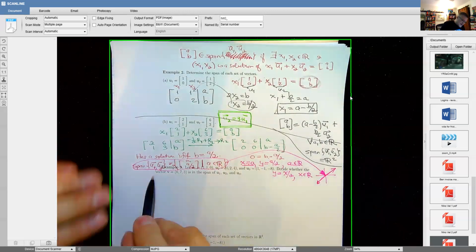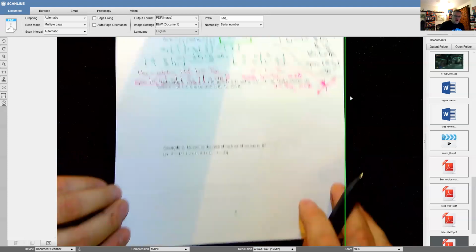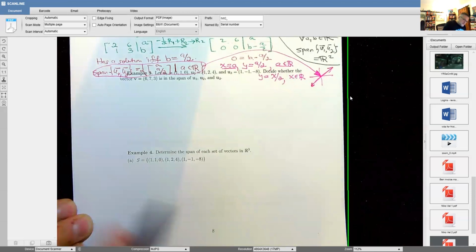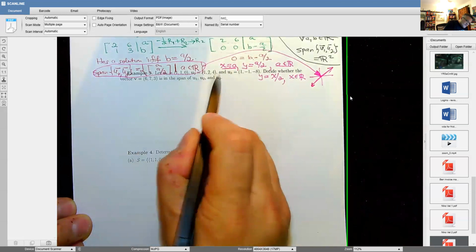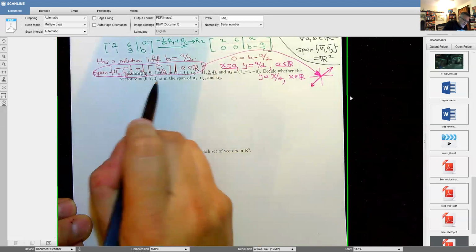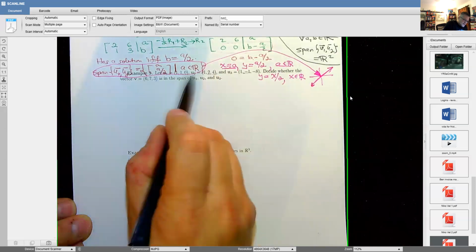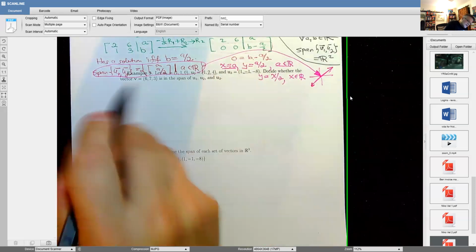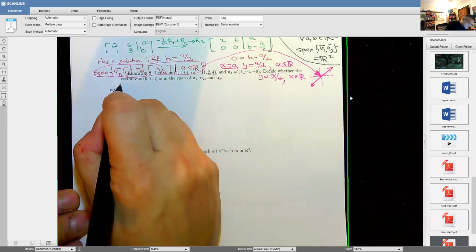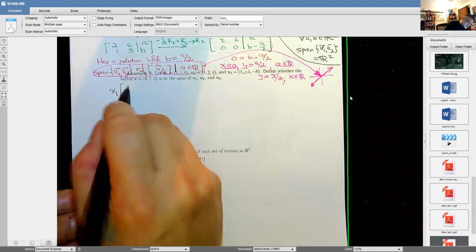We don't have to just look at vectors in R2, we can look at R3 as well, right? And so let's look at these three vectors. And we want to know, first off, if that vector is in the span of those guys. So what we know is the same sort of thing. We're going to have x1 times, I'm going to write these as column vectors.